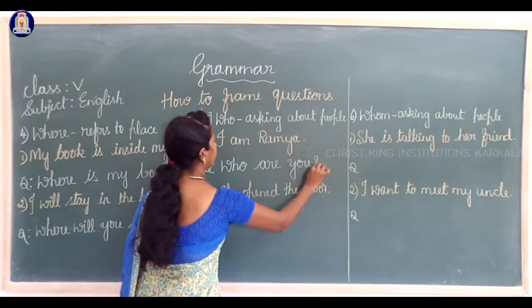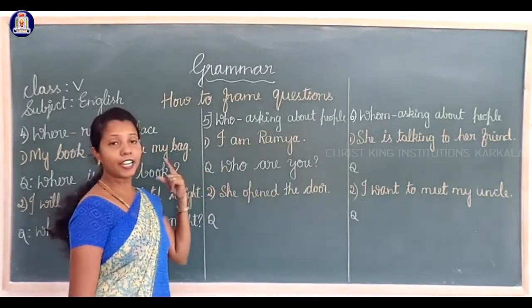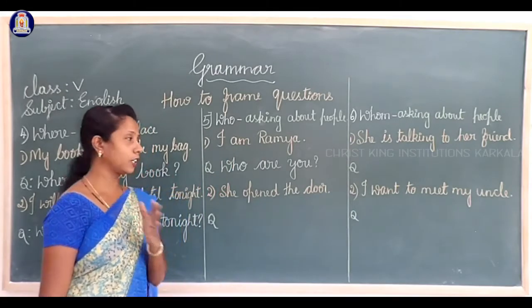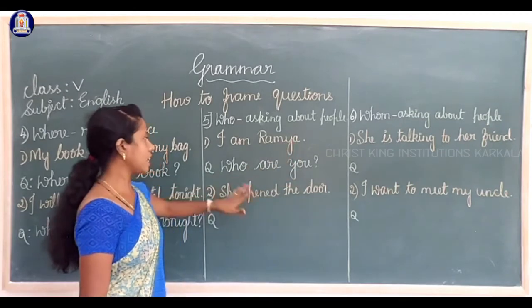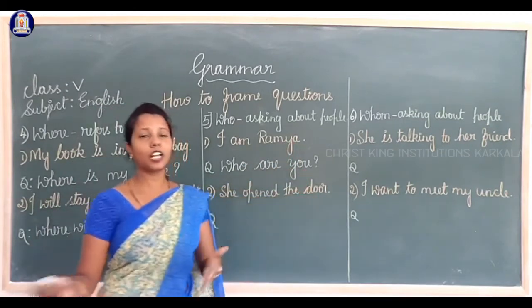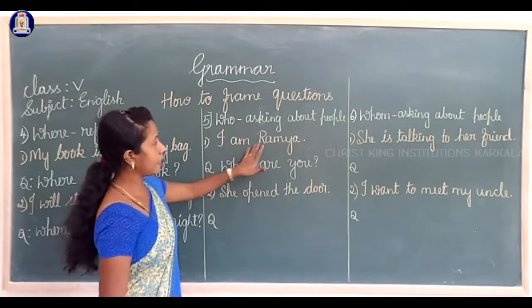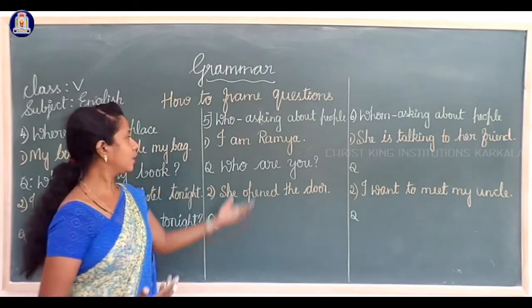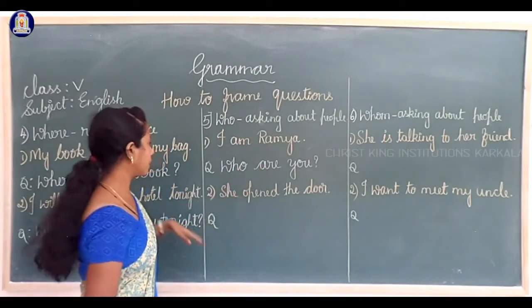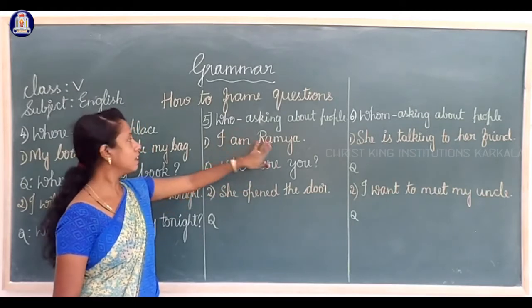If I ask who are you, I am Ramya. If I ask instead who are you, what are you? So how will be your answer? I am Ramya and I am a student. If you are a student, you can say you are a student. This is who are you? That is, I am Ramya.